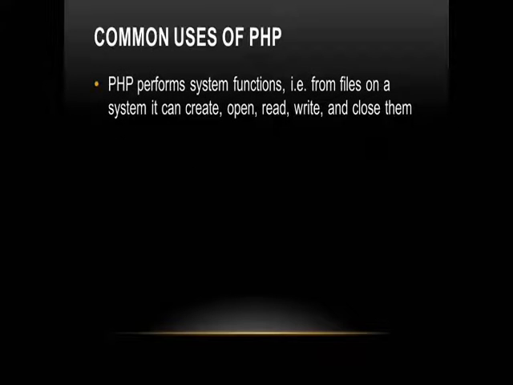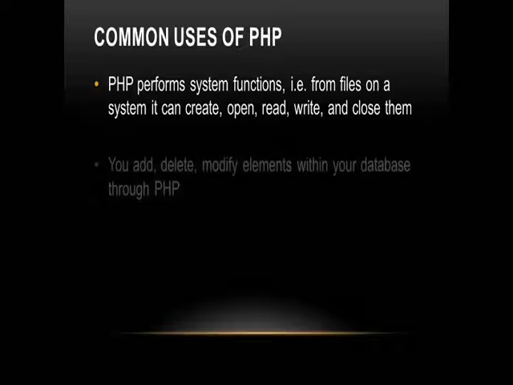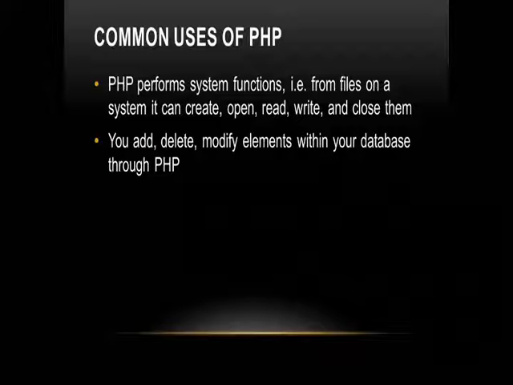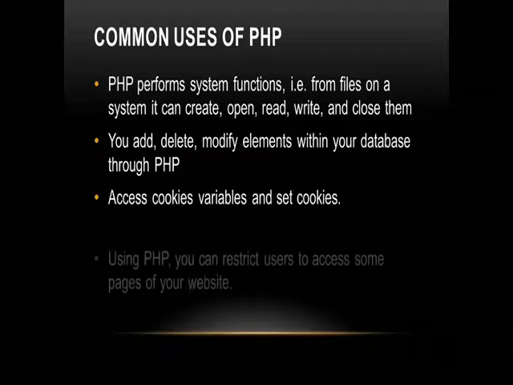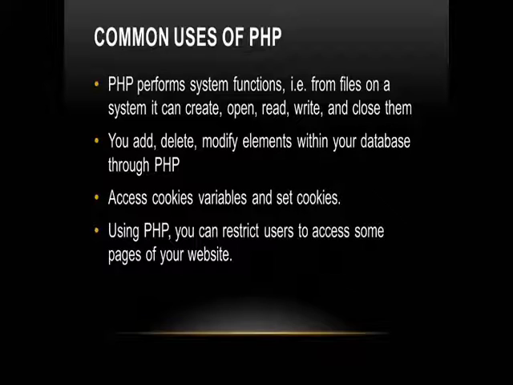PHP performs system functions. On files on the system, it can create, open, read, write, and close. You can also add, edit, and modify elements within your database through PHP, access cookies and variables, and set cookies. Using PHP, you can restrict users from accessing some pages of your website. You can encrypt data as well.